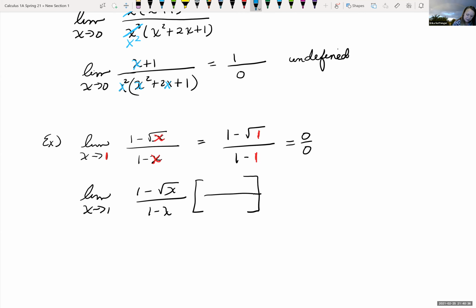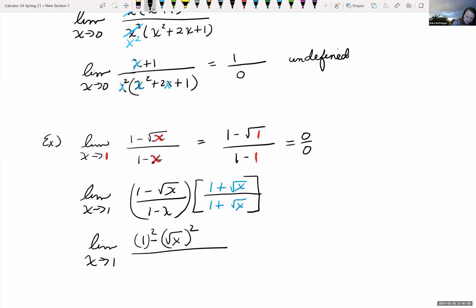So we're rewriting this so it's a difference of squares, so 1 plus the square root of x. We're going to distribute our numerator, but not the denominator. And so this is, again, a difference of squares, a squared minus b squared. 1 squared is 1 minus the square root of x squared, all over 1 minus x, that quantity times the quantity 1 plus square root of x.